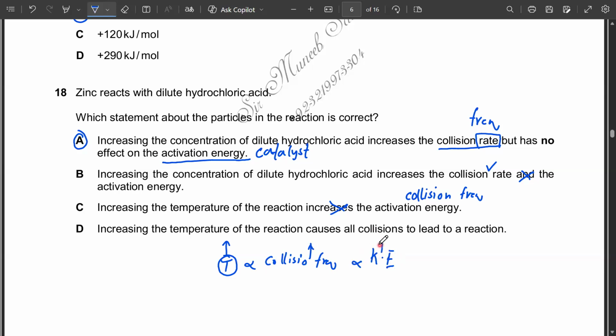But not all the collisions give the product. That word is incorrect. It just increases the rate of the reaction, but that does not mean all the collisions will be effective collisions to give the product. So in this way, it is also incorrect.